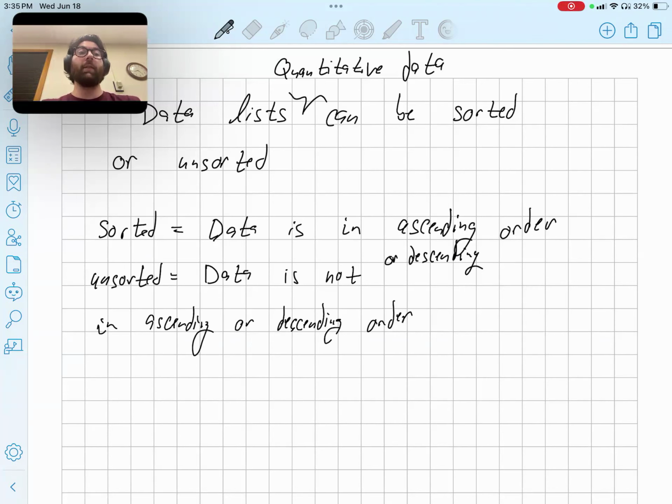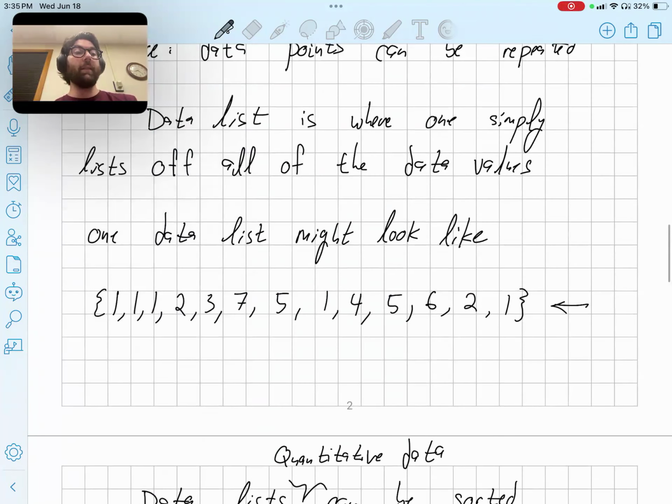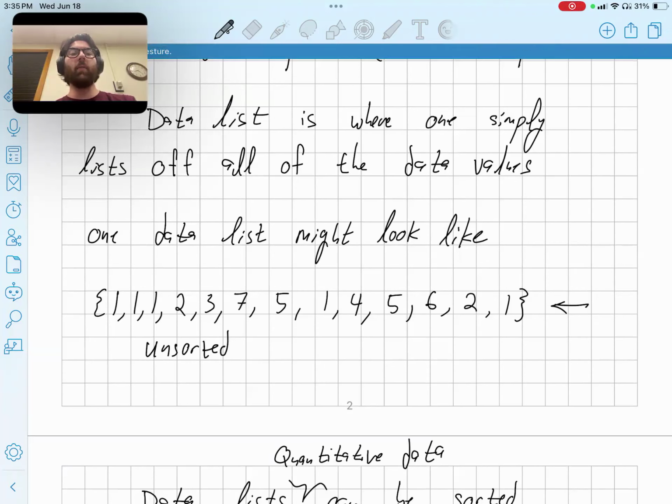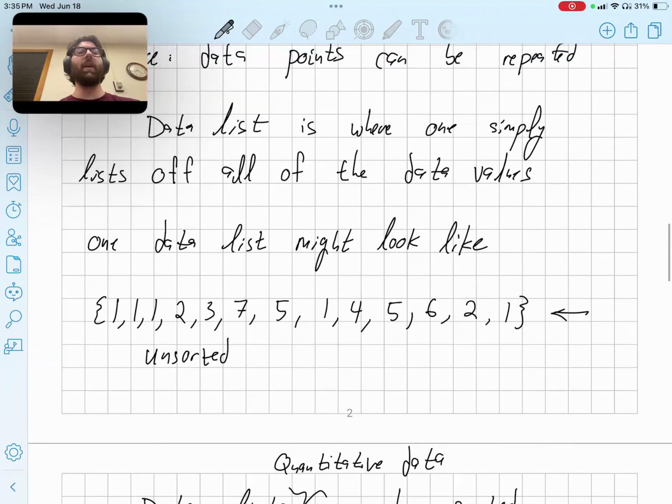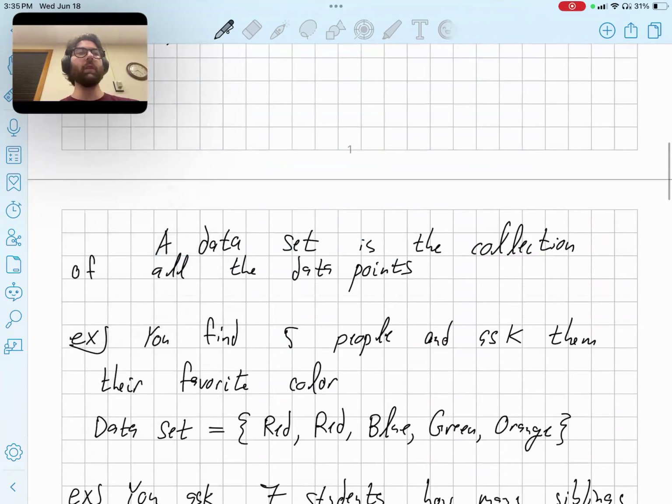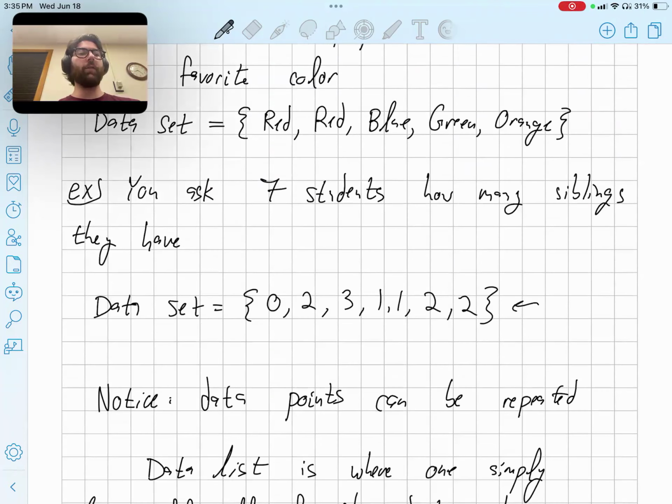So for example, this data list is unsorted because I've got 1 going to 2, so it's increasing. I'm going to 3, it's increasing more. And then we go to 7, it's increasing again. And then we go down to 5. So we're increasing and then decreasing. So it's unsorted. This data list is also unsorted.